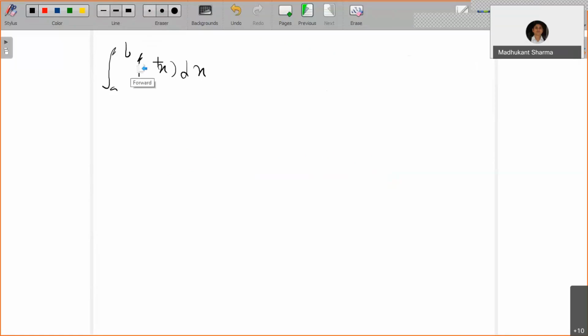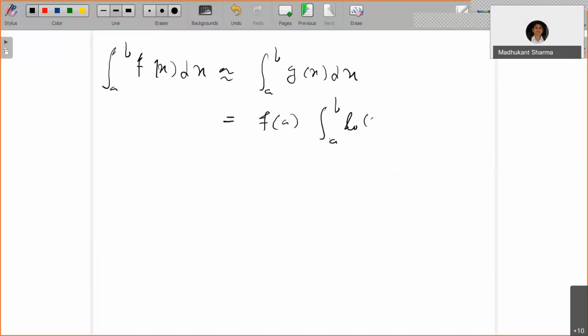That is approximated by the integration from a to b of g of x dx, which is equal to f of a times the integration from a to b of L0 of x dx plus f of b times the integration from a to b of L1 of x dx.